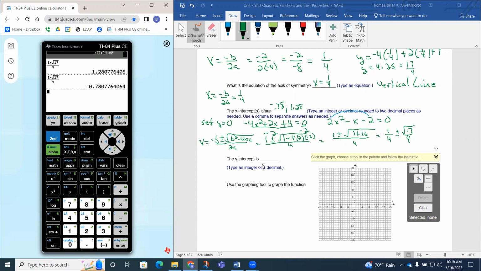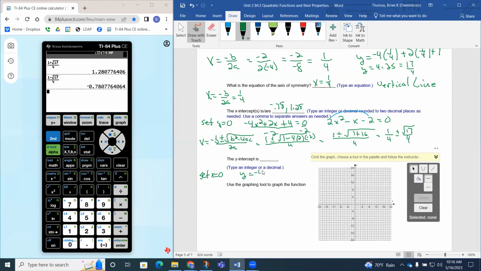So our y-intercept would be setting x equal to 0 and solving for y. So if I set x equal to 0, we're going to have y equals, it doesn't matter which function, let's just use the original one here.